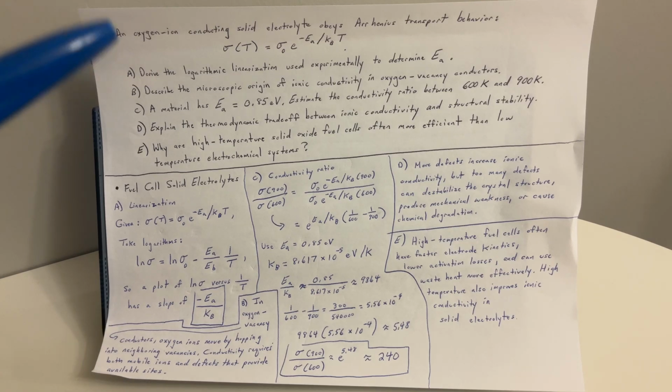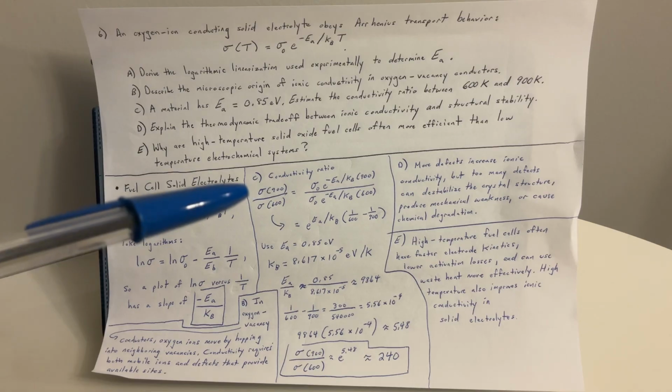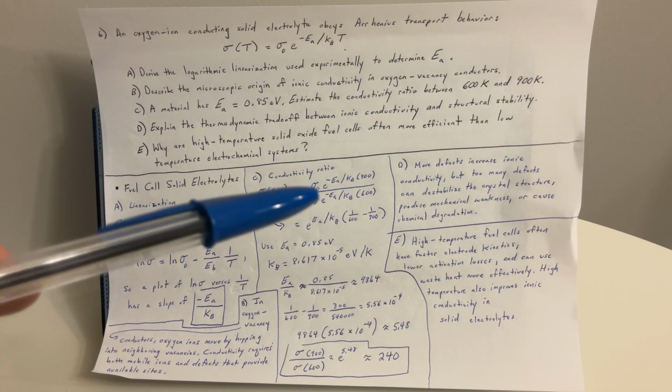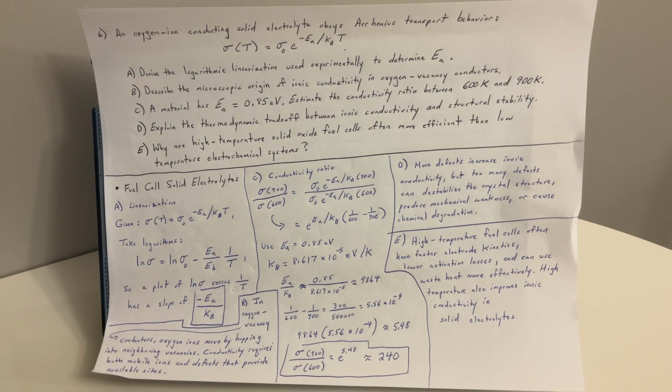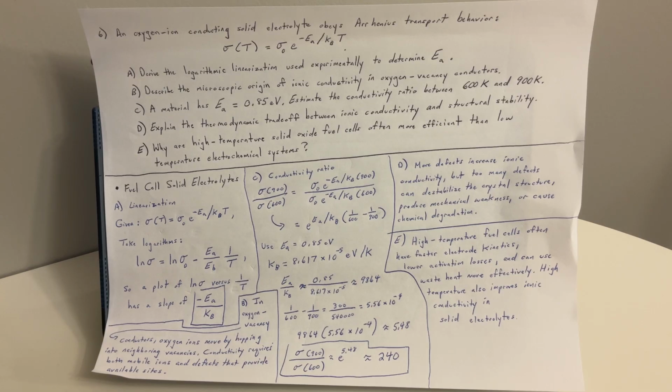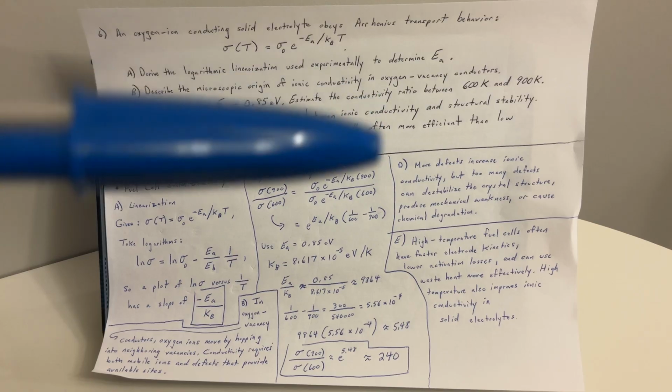Okay. Letter C, a material has E sub A equals 0.85 eV. Estimate the conductivity ratio between 600 K and 900 K. So the conductivity ratio is sigma of 900 over sigma of 600. We get sigma naught e to the negative E sub A over K sub B 900, over sigma naught e to the negative E sub A over K sub B 600. That yields e to the E sub A over K sub B times the quantity 1 over 600 minus 1 over 900.